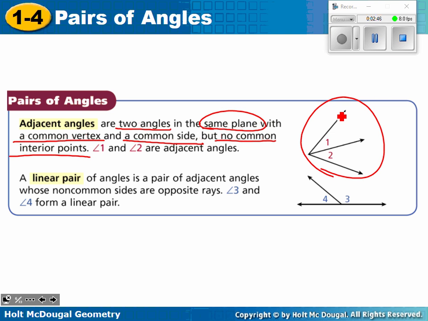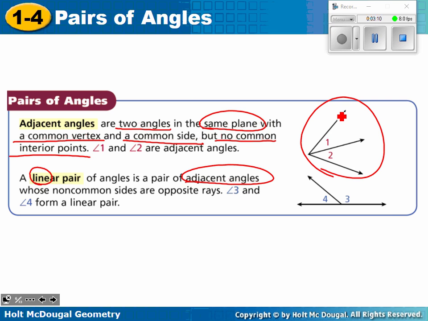All right, sometimes your adjacent angles turn out to be a linear pair. A linear pair will always be adjacent. So a linear pair is made up of adjacent angles. They're always going to be adjacent, but they form a linear pair if they end up forming a line. A linear pair is just a pair of angles that form a line.